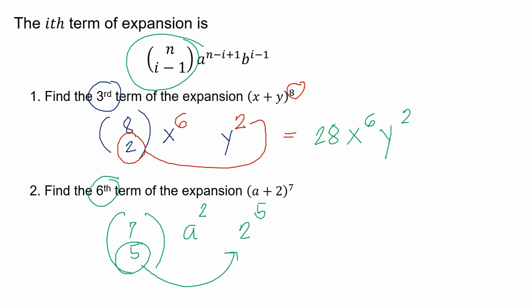And then you can simply simplify that now. The combination of 7 taken 5 at a time is equal to 21. So 21a squared, and then 2 raised to 5 is equal to 32. Therefore, our answer is multiply 21 times 32 is equal to 672. The answer is 672a squared.